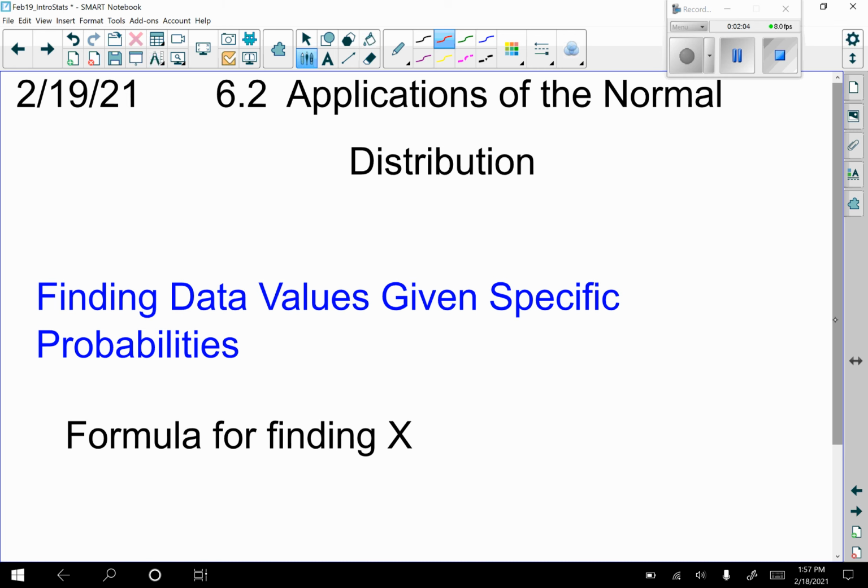If we're asked to find the data value, we're going to take the z value formula, and we could just rearrange this to solve for different missing parts. So if we wanted to find x, all we'd have to do is solve this for x.